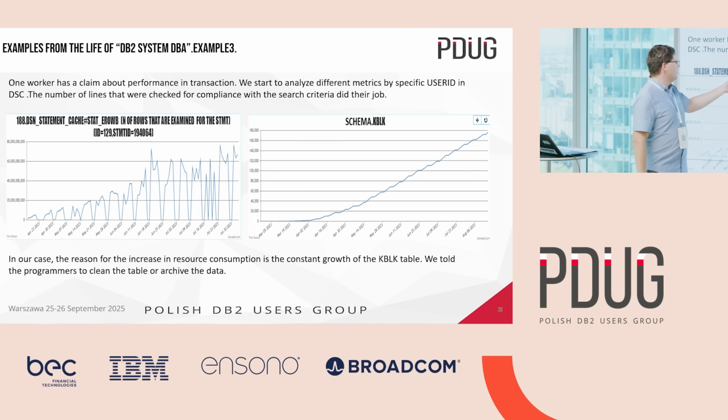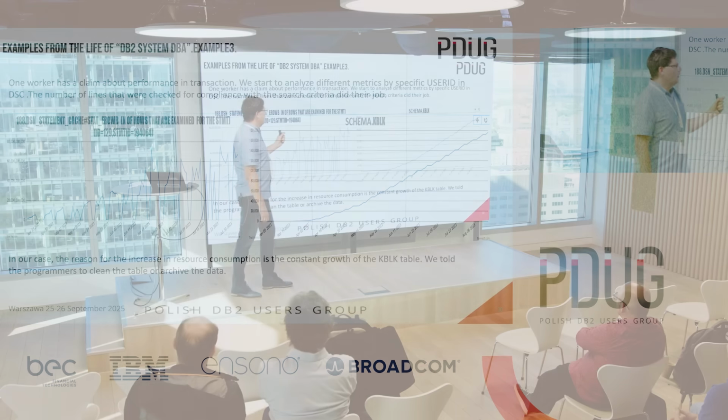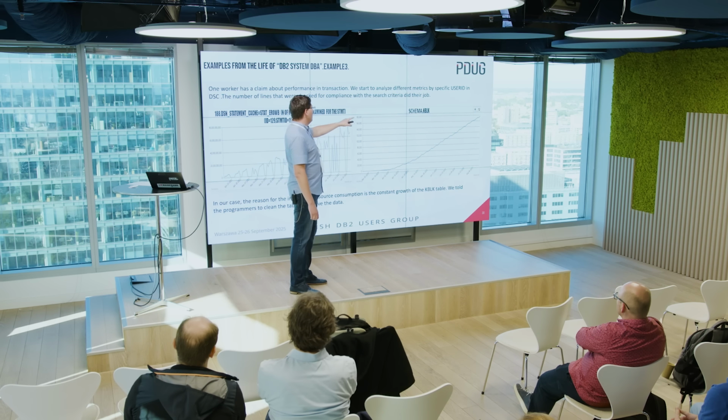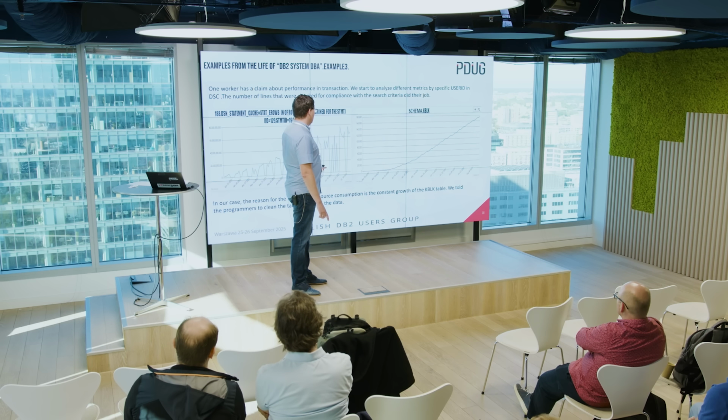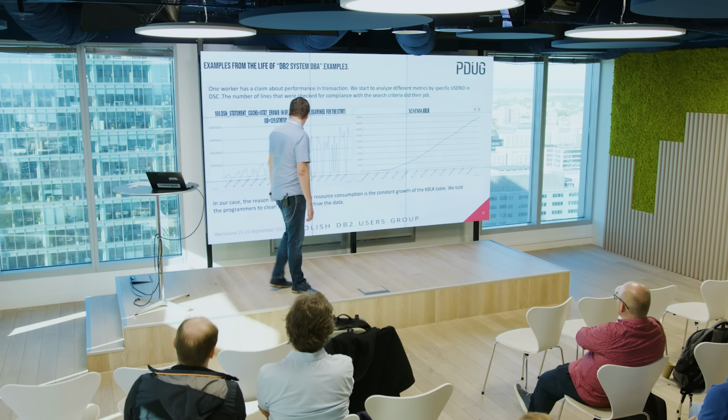From this statement cache, we get information about SQL. From SQL, we watched the table name and built charts about KBLK tables. For the KBLK table, the count of rows increased every time.